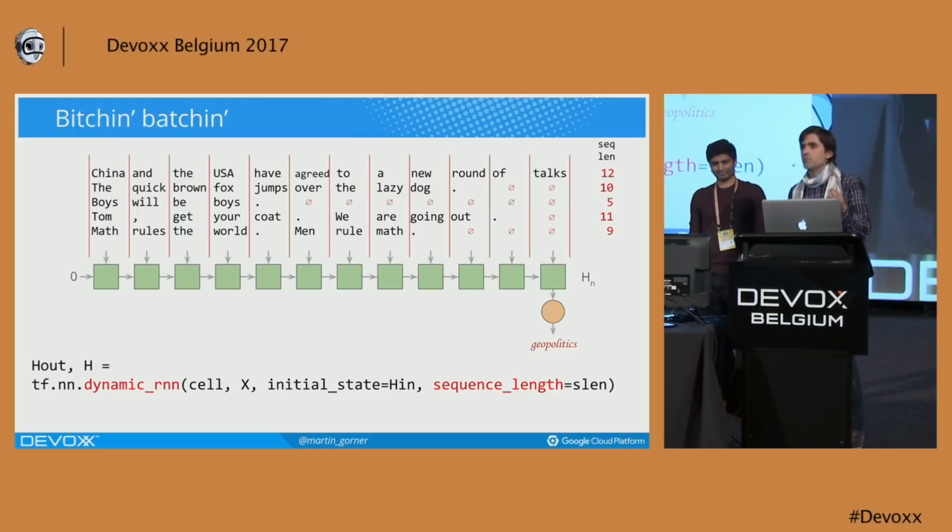But it's very practical because if you are processing a whole batch of sentences, of course, none of them are the same length. Using dynamic RNN, you can give it the batch of sentences, give it another vector which contains the length of all those sentences in the batch, and it will automatically unroll the sequence exactly the correct number of steps for each sentence.